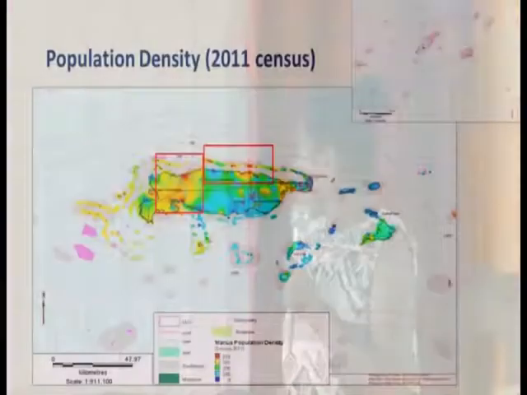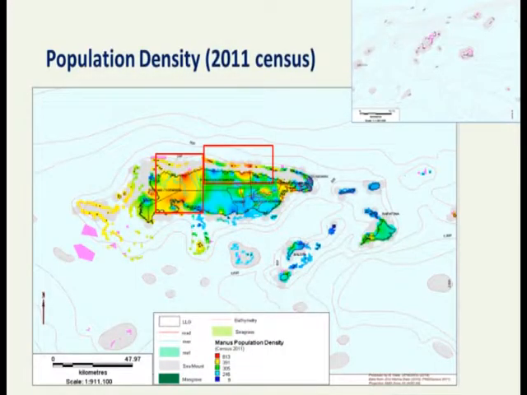We need to know where they are located. Then you can talk about service delivery and linkages. Okay? So the location is important. You can see along the west coast of Manus we have more people than in the other parts of Manus.